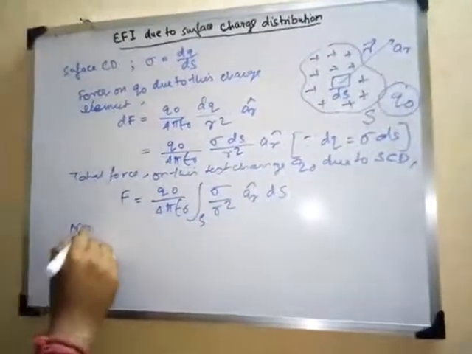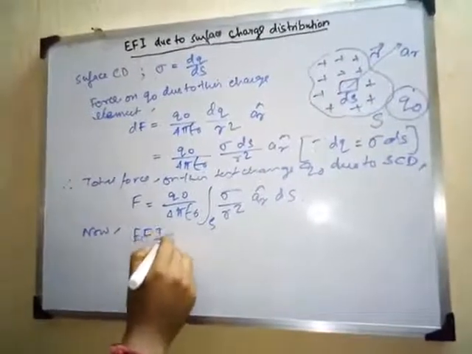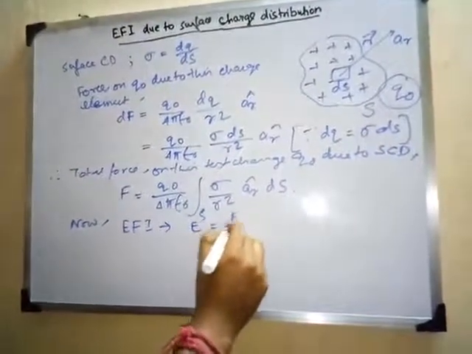From here we can write the EFI. We know that EFI is given as E equals F by Q naught.